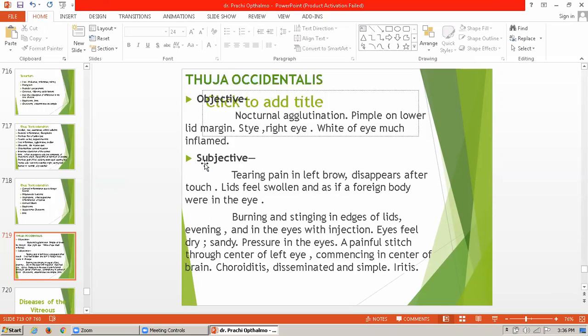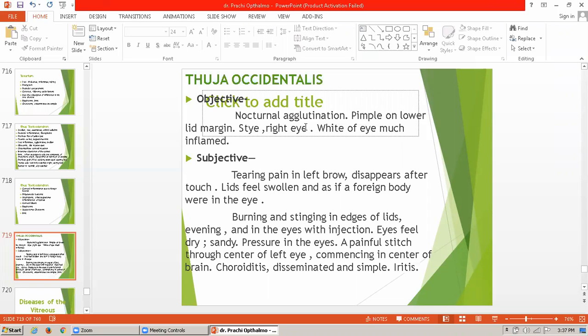The last remedy of these homeopathic therapeutics for diseases of the uveal tract is Thuja occidentalis. Thuja is useful when there is nocturnal agglutination and pimples on the lower lid margin.